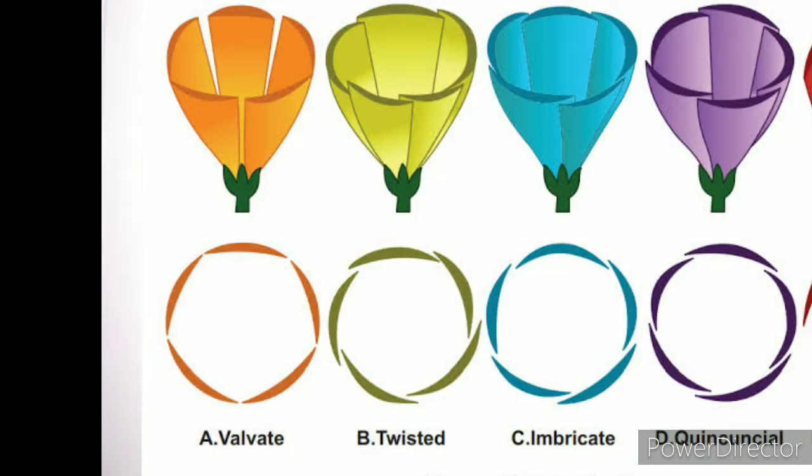They are of different types, like valvate, when the members of the whorl are in contact with each other; twisted, when the members of a whorl are rolled up in such a way that one margin of a member covers a margin of the next member; and imbricate, where one member of the whorl is exterior, one is interior, and the remaining three have one margin overlapping.